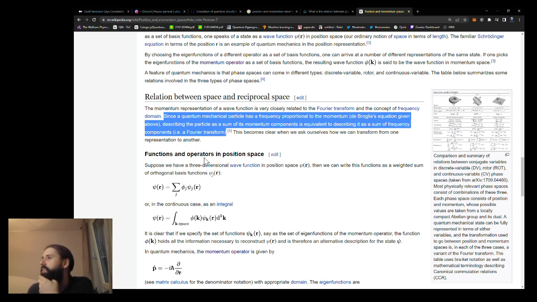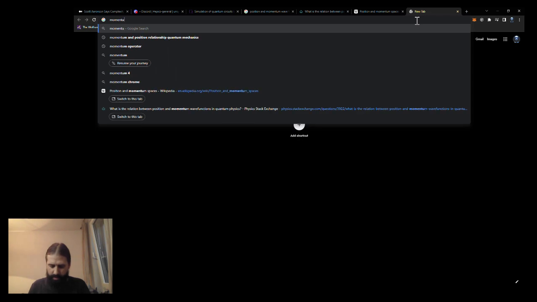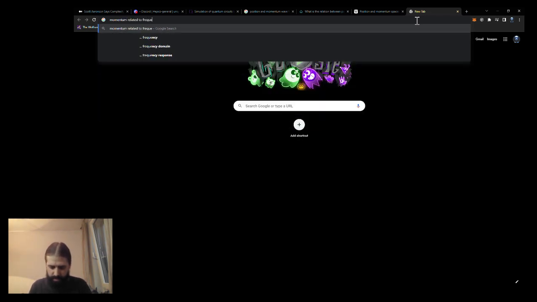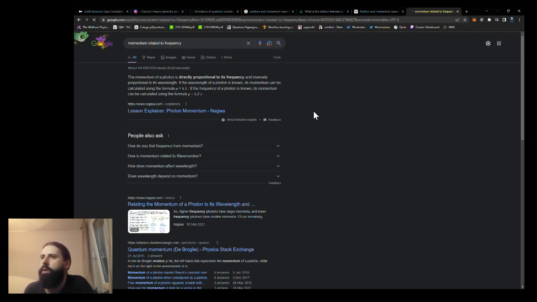That is interesting, right? If the wavelength of a photon is known, the momentum can be calculated.